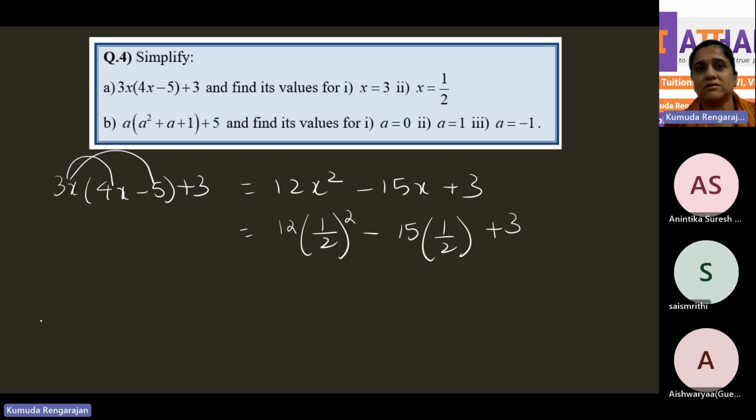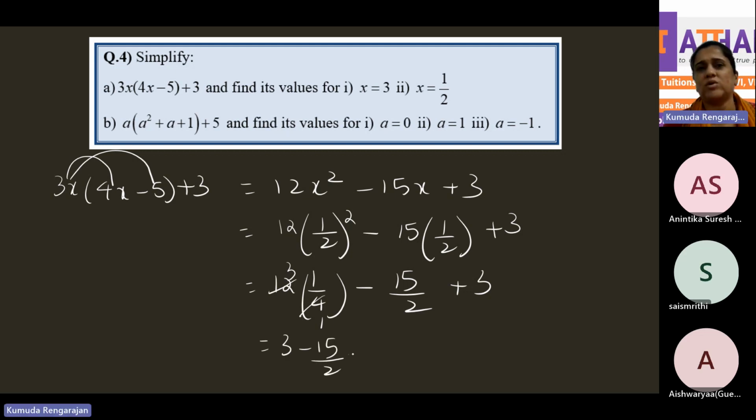You cannot cancel. 1 by 2 the whole square, simplify that first. So that will be 12 into 1 by 4 minus 15 by 2 plus 3. Then 4 ones are 4, 4 threes are 12, and 3 ones are 3. 3 minus 15 by 2 plus 3. Then after this, with the LCM and all that, we'll get it. 3 plus 3 is 6. 6 minus 15 by 2.